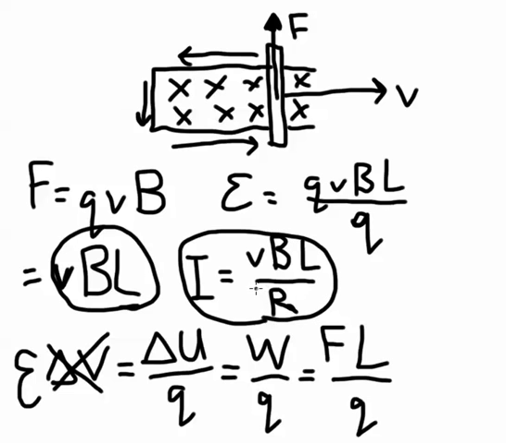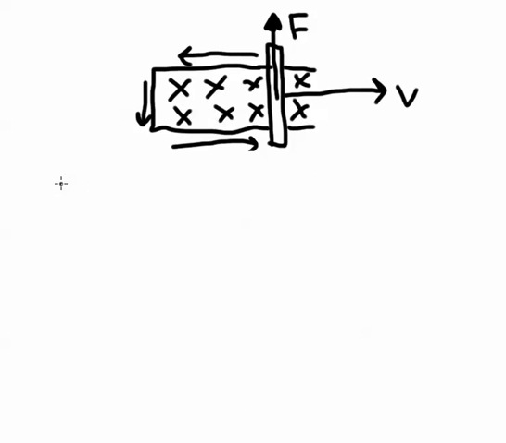Okay. So now we're going to find another way of thinking about what produces this EMF. We found that EMF equals VBL. So let's try to figure this out in terms of flux.